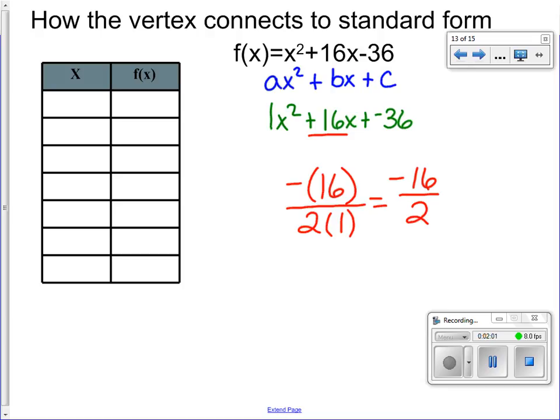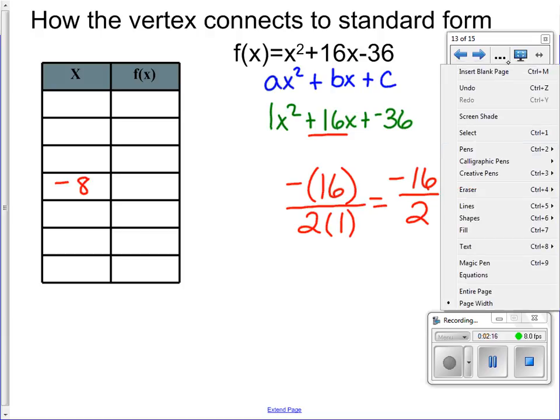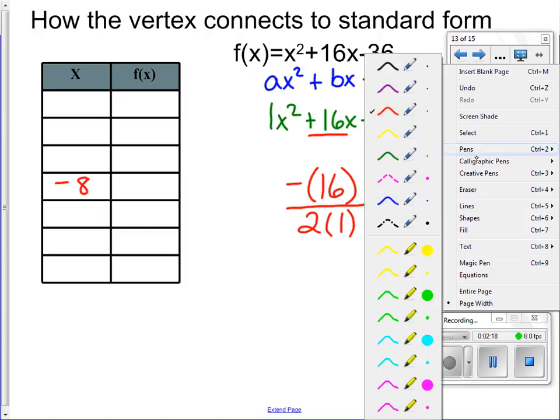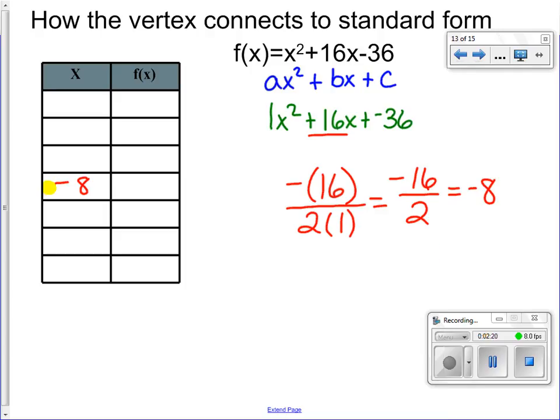Go ahead and do that division. That means our turnaround point, our vertex, the x-coordinate is going to be at negative a. All right? So that's one critical point for us. Let's make sure we make note of that. All right?